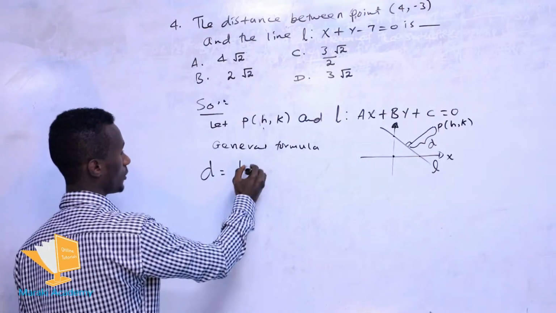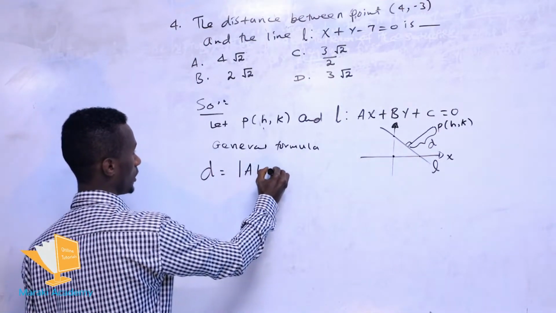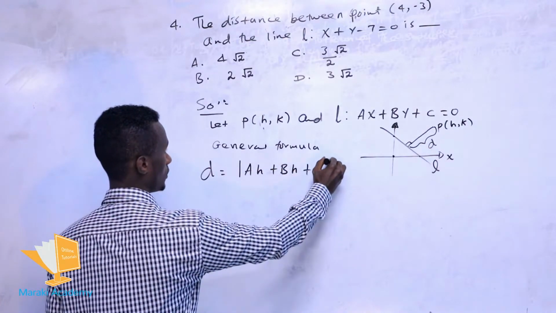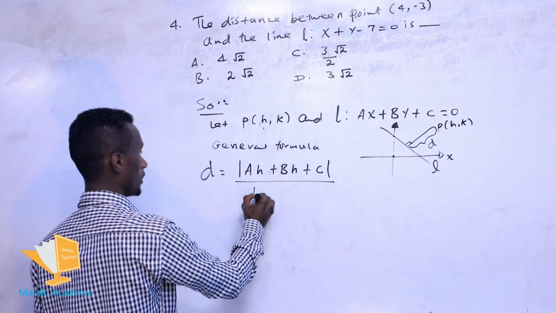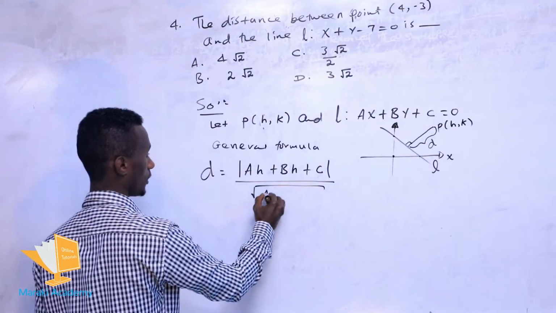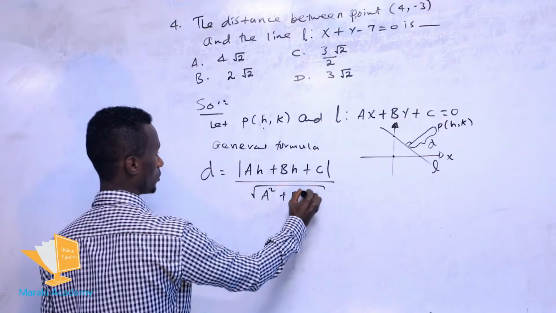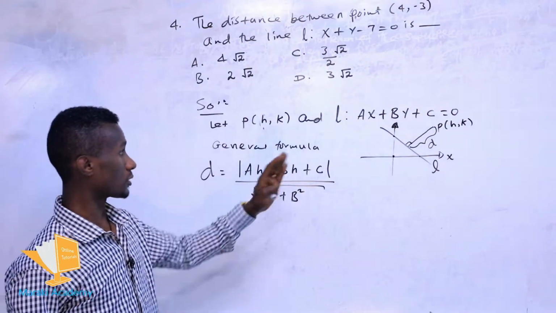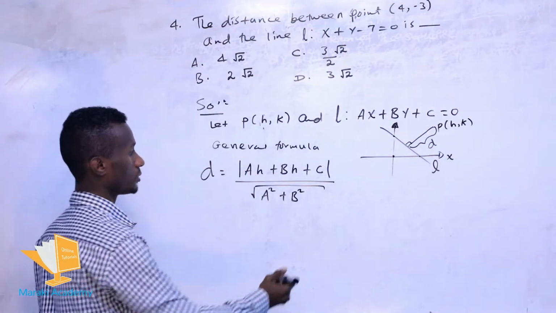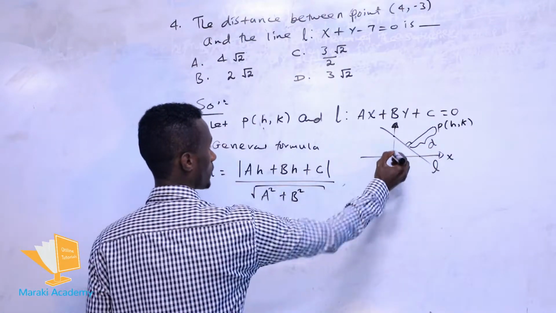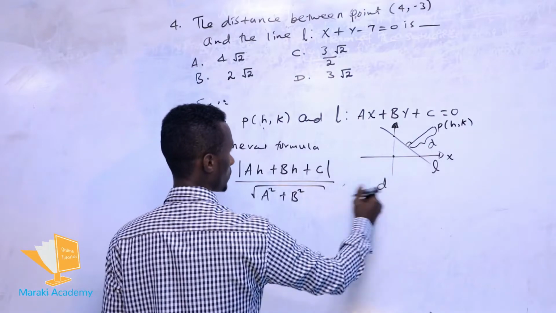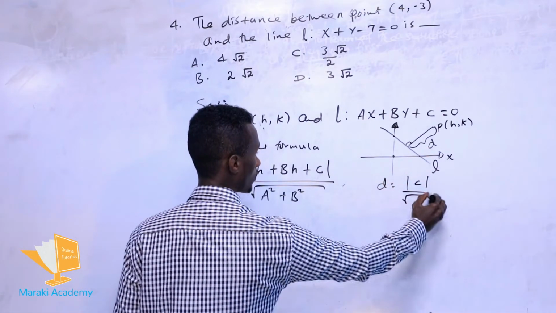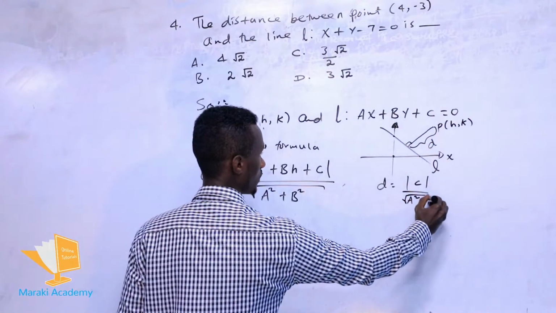The absolute value of A times H plus B times K plus C, divided by the root of A square plus B square. This is the distance from a point to a line. For example, if our point lies on the origin, the distance becomes the absolute value of C over the root of A square plus B square.